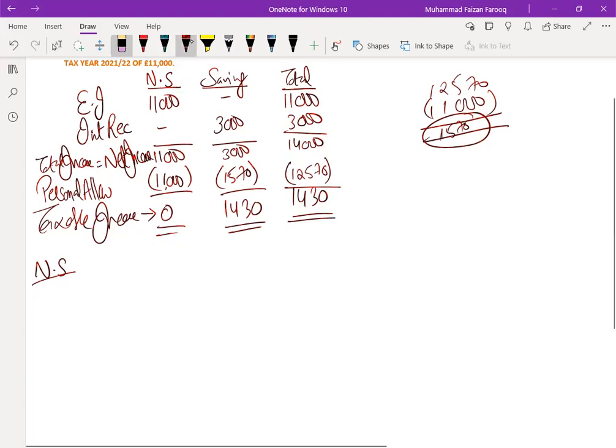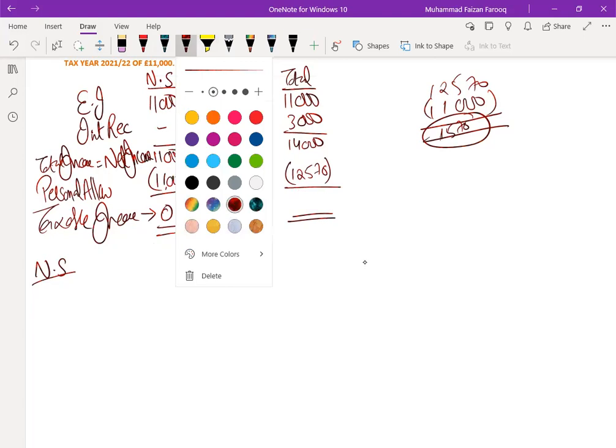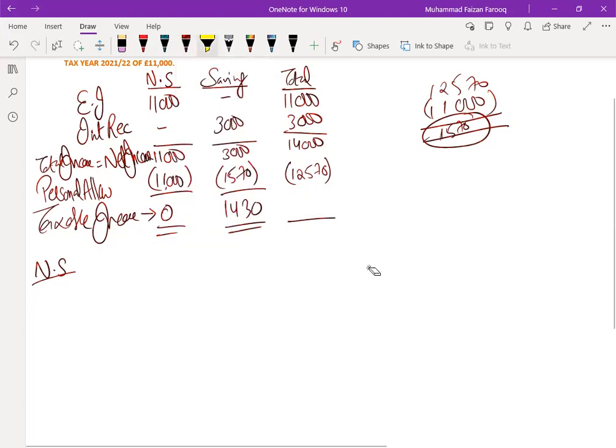Now, before I move forward, tell me, we have the total taxable amount, which is 1,430. This guy is a basic band taxpayer, higher band taxpayer, or additional band taxpayer?